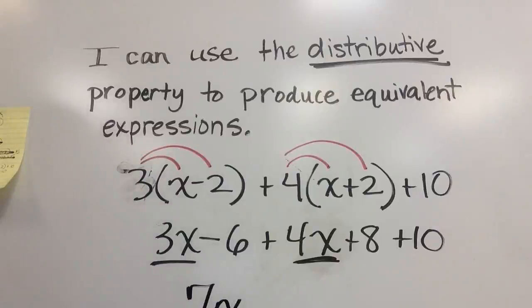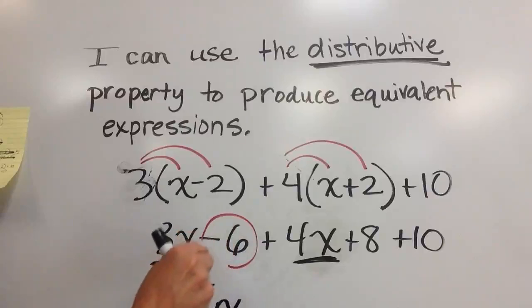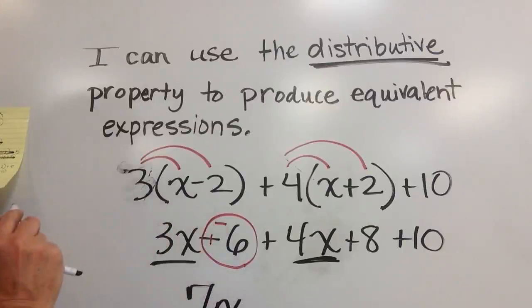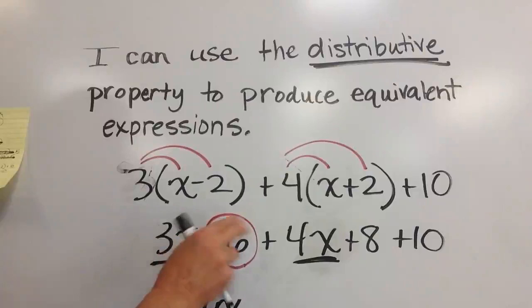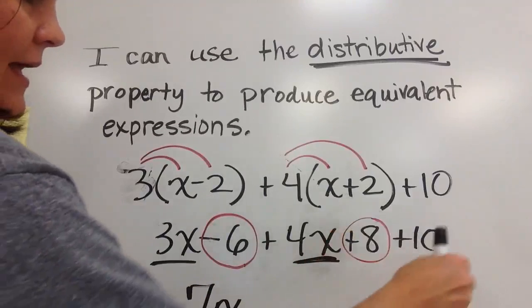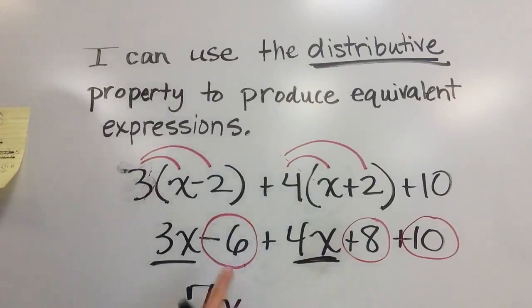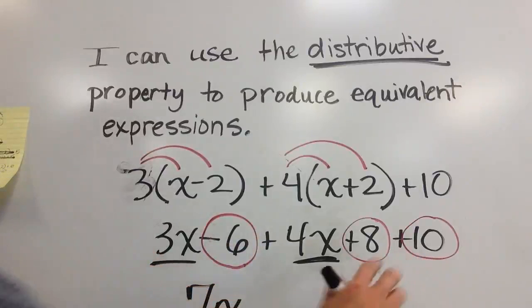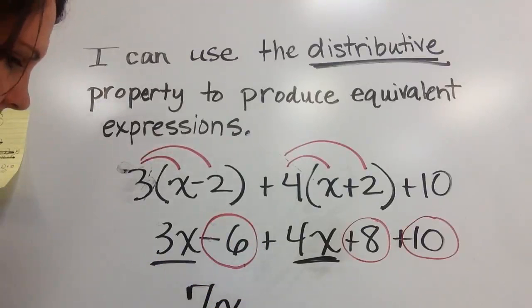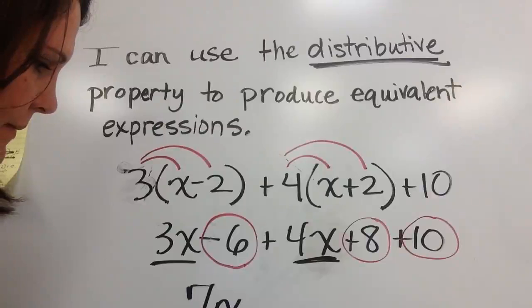Then I have some constants. I've got 6, and remember this sign goes with the 6. That's like a negative 6 because that's like adding a negative, adding the opposite. And then you have 8 and 10. So to combine these, I'm doing negative 6 plus 8 plus 10.